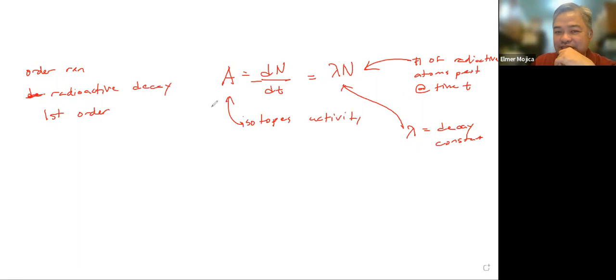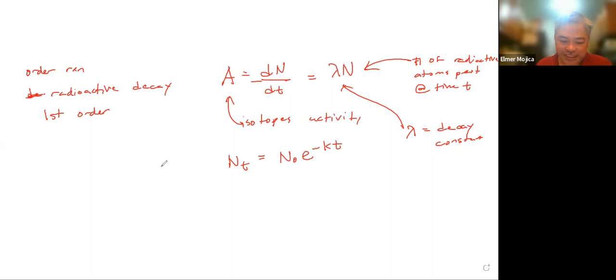Kapag kinetics yung inaano natin, yan yung tinatawag na rate constant. So we can rewrite it in what form? N(t) is equal to initial N times e raised to the negative lambda t. Okay?